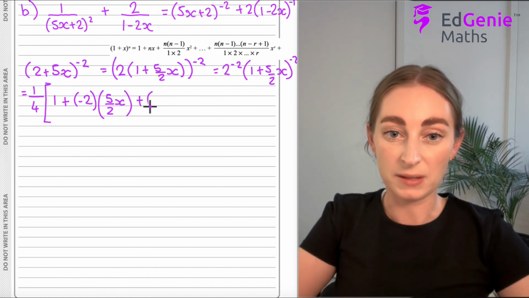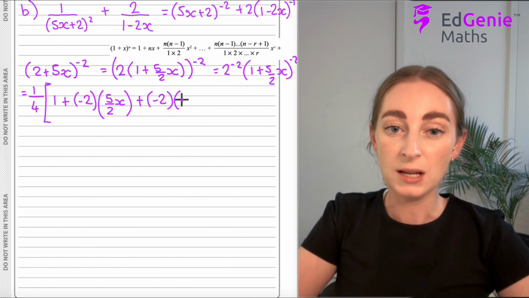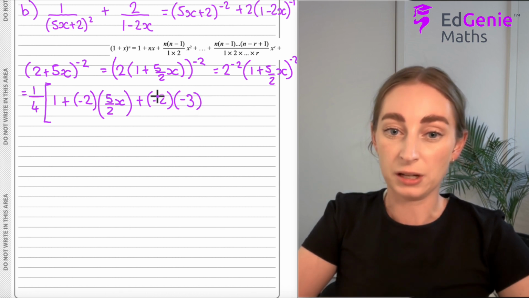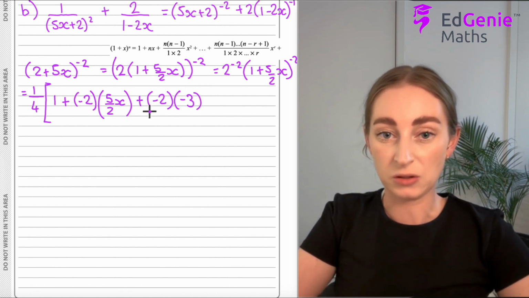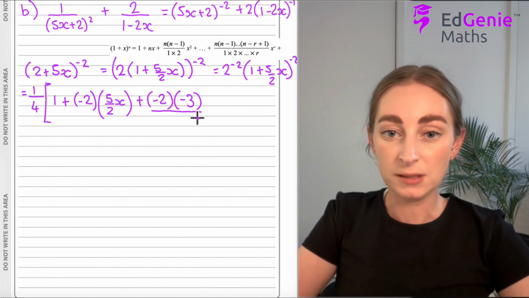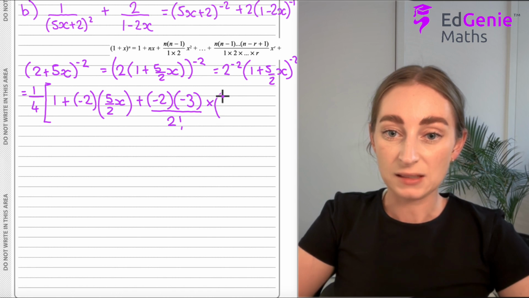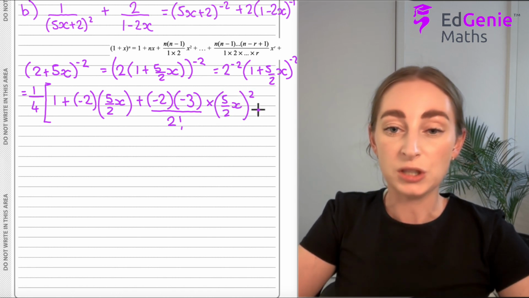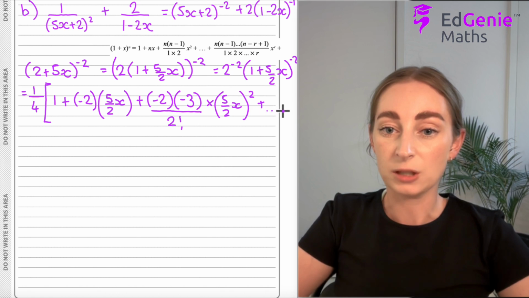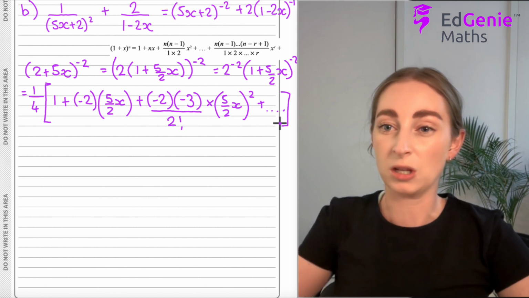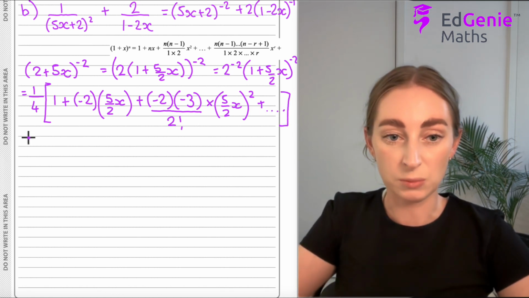plus next term is going to be -2 times -3. So do n minus 1 times, divided by 2 factorial times by x squared. So it's 5/2x all squared. We don't need to do any other terms because remember the question, we're only going up to x squared, so don't need to do any more.